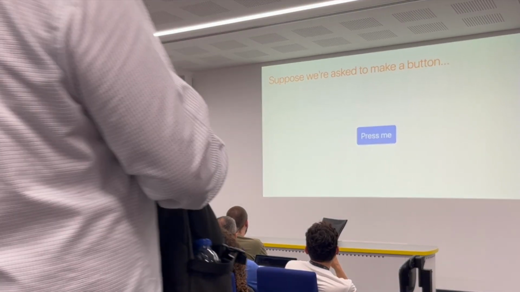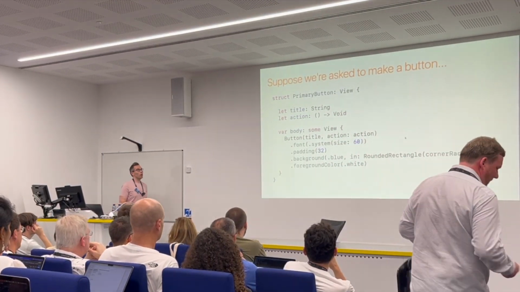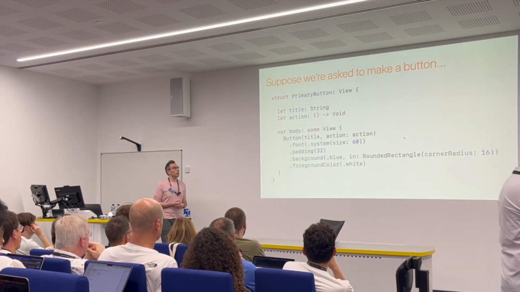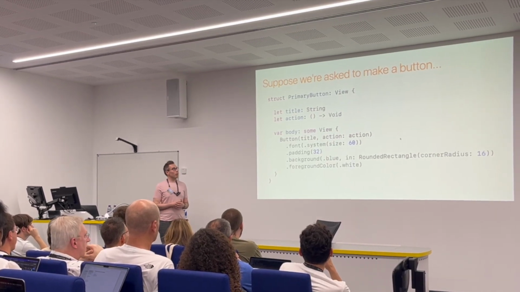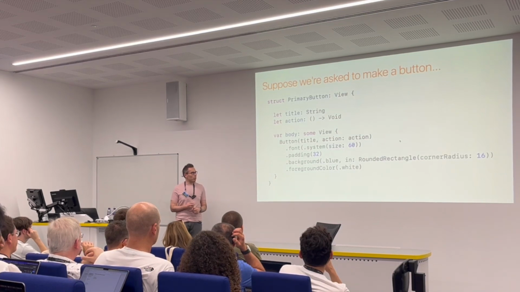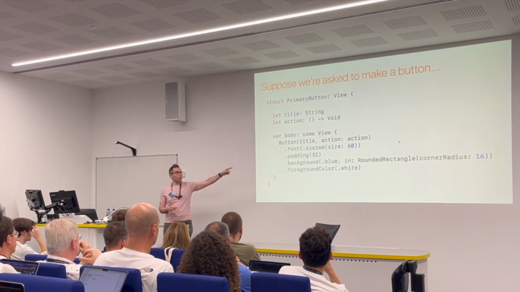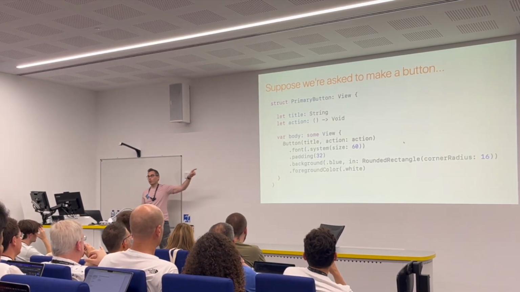So maybe you want to make this button here. In SwiftUI, you might come along and write a primary button view, which is really easy to do. We can wrap the button in the body, get the font we want, give it some padding. This, by the way, is massive, 60, because it has to fit on the slides, right?